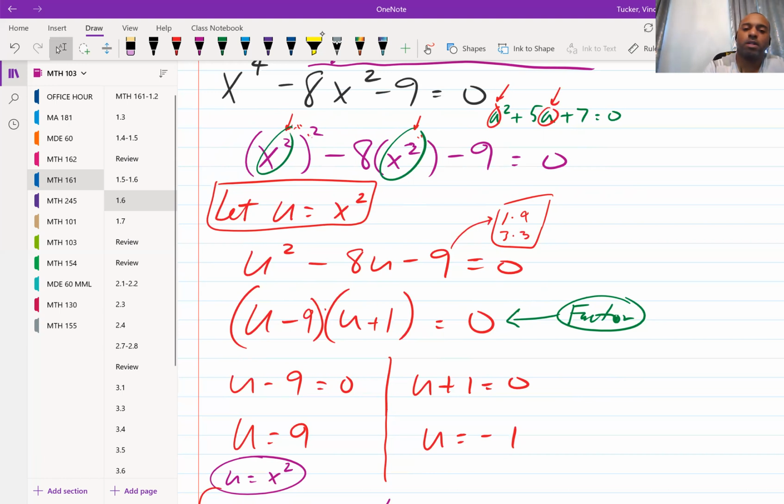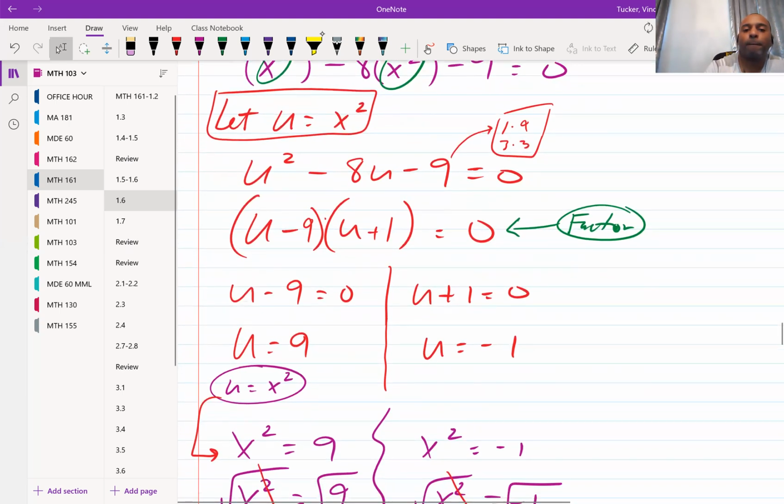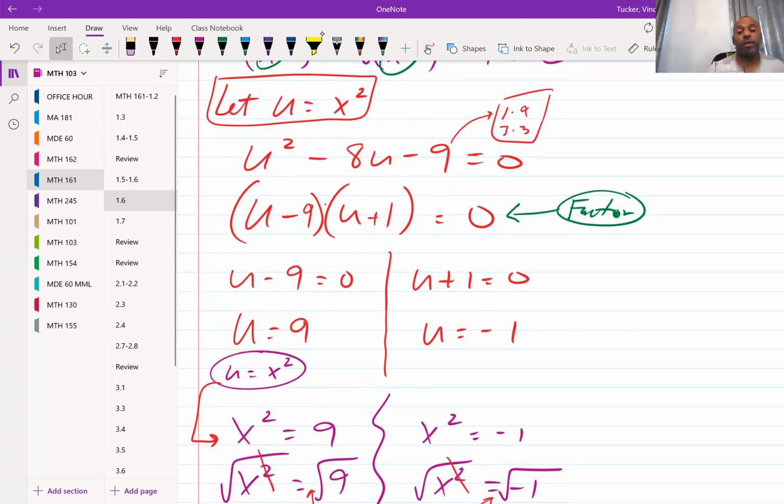All right. So we're not finished though, because remember we started off with x squared, not with U. So we can plug the x squared back in once we solve for U. Just giving you guys a chance to write. So now we have x squared equal to 9, x squared equal to -1.